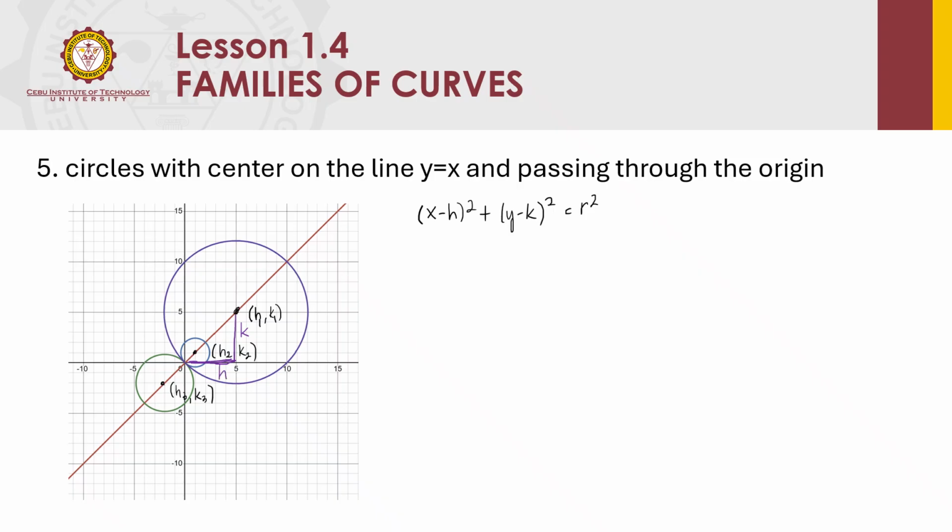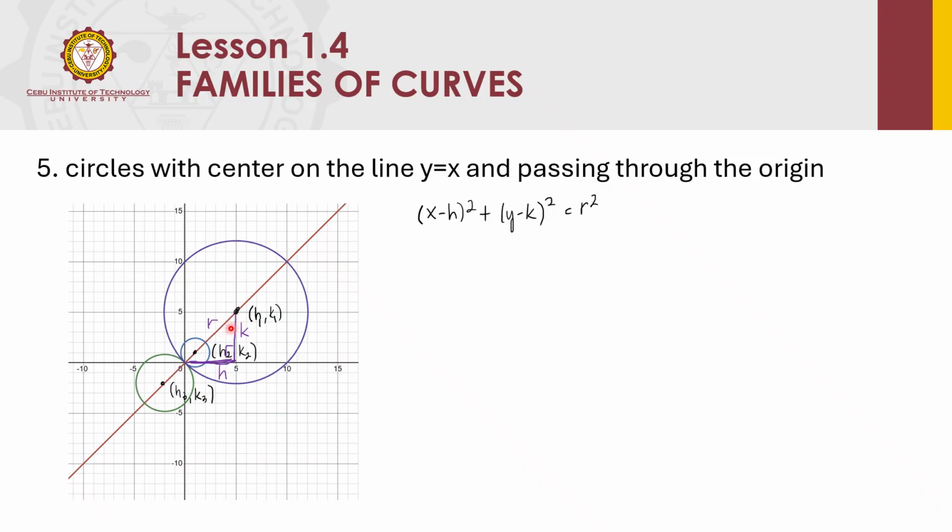So the radius of the circle is the hypotenuse of this right triangle. We can write the radius in terms of h and k. Since h and k are arbitrary, the radius is also arbitrary, but we can write it in terms of h and k.